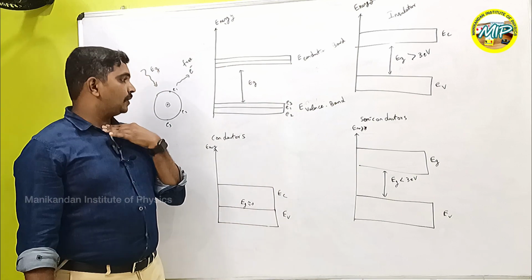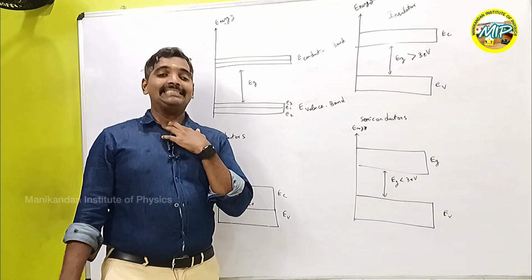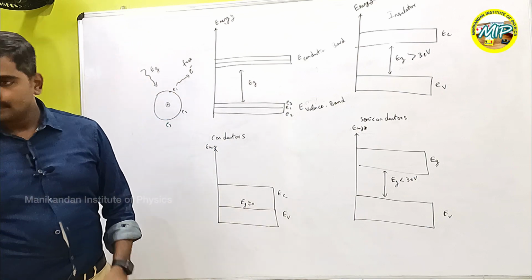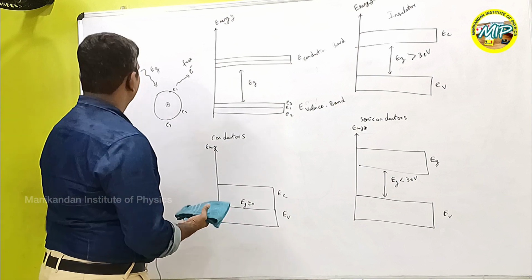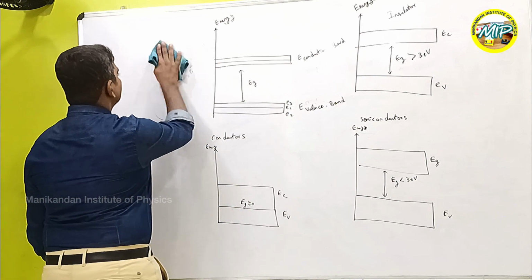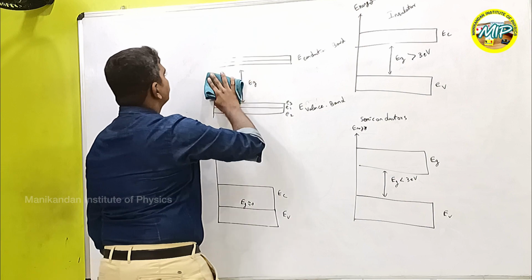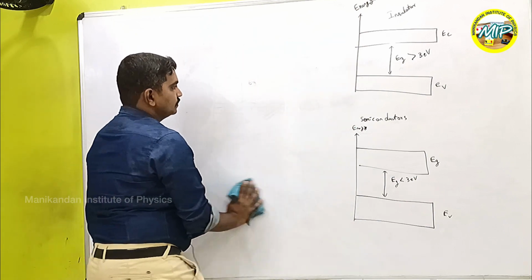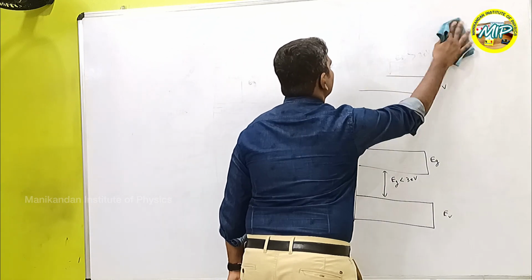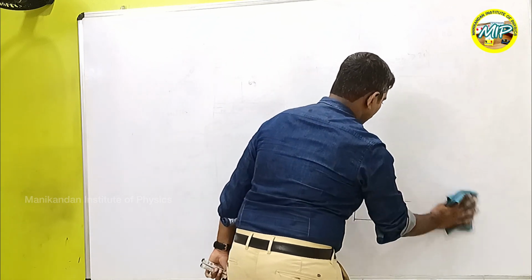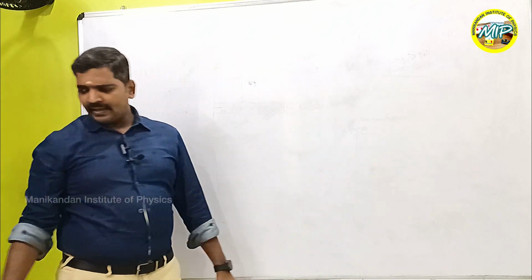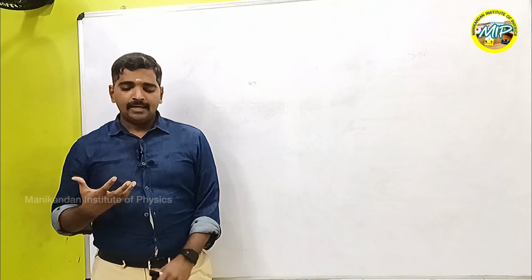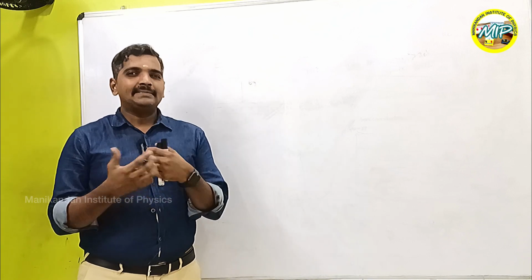Next I am going to explain the intrinsic semiconductors. In the majority of cases for semiconductors we use only silicon or germanium.